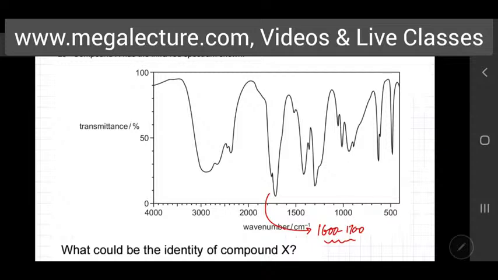Think of this axis as frequency, although it's not exactly frequency. Then there is another absorption around the 3000 to 2500 range, and it's a pretty broad absorption.